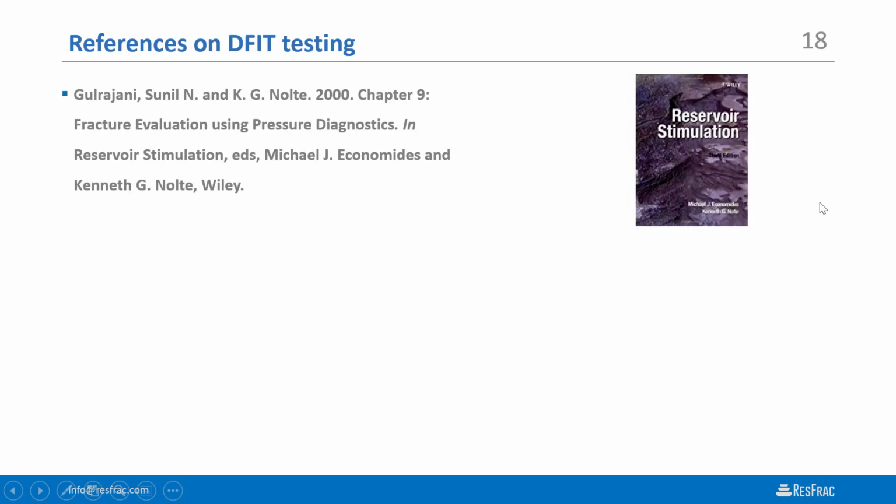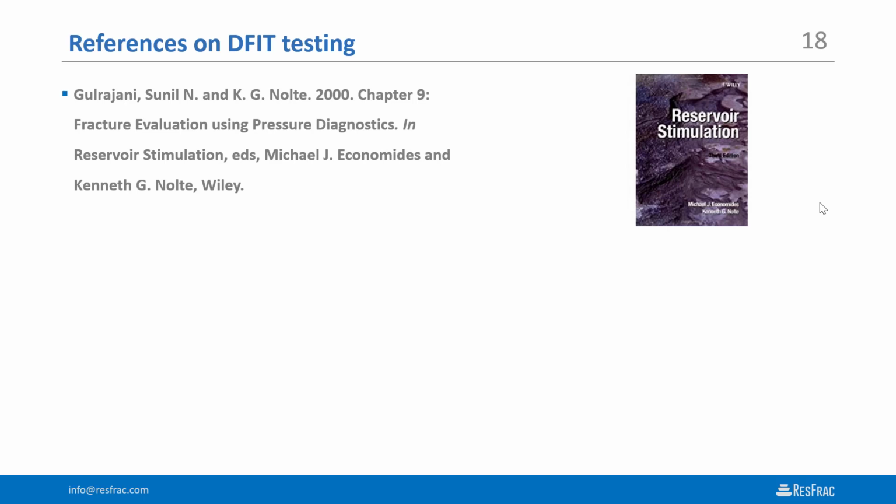I also have one reference that I recommend above others on DFIT interpretation. This very wonderful book from 2000, Reservoir Stimulation, edited by Economides and Nolte, remains probably my favorite book on this subject.